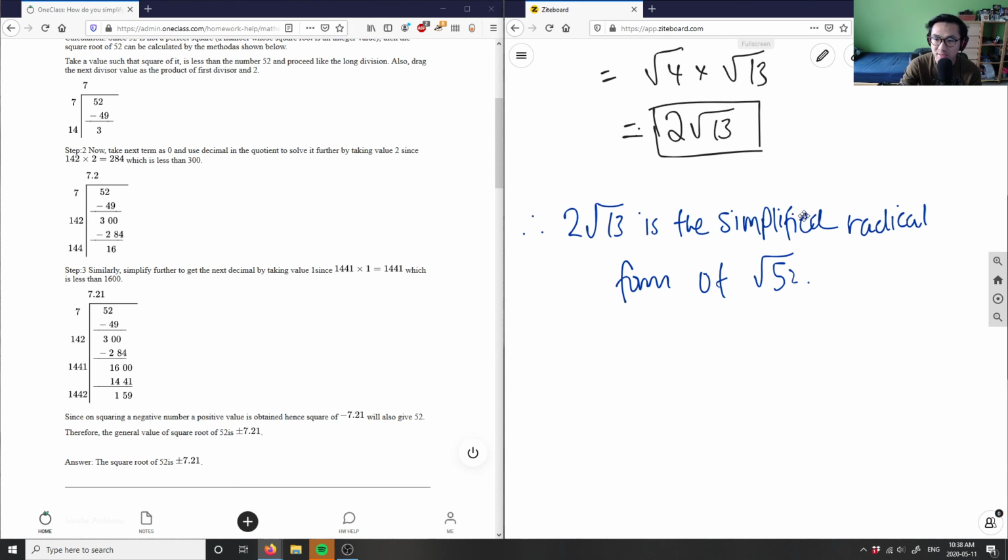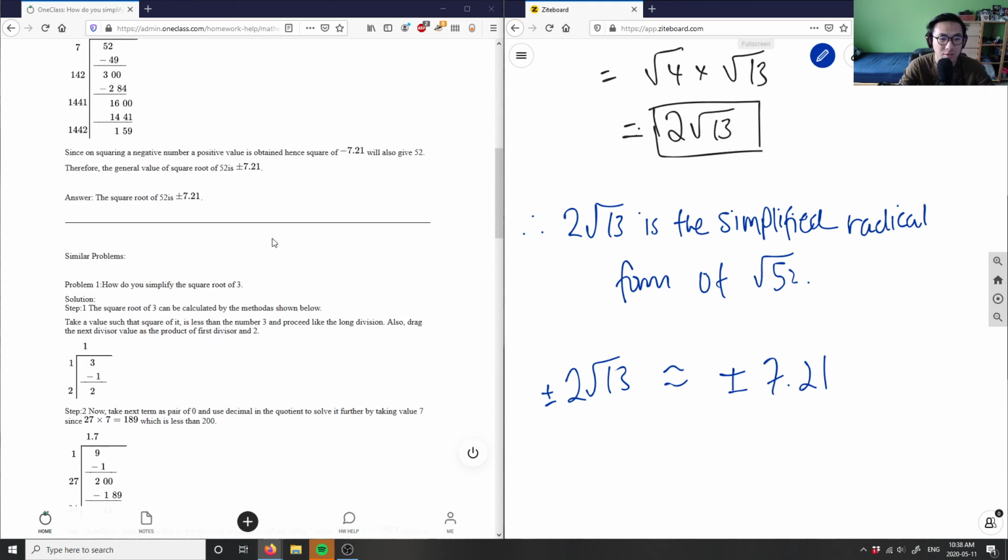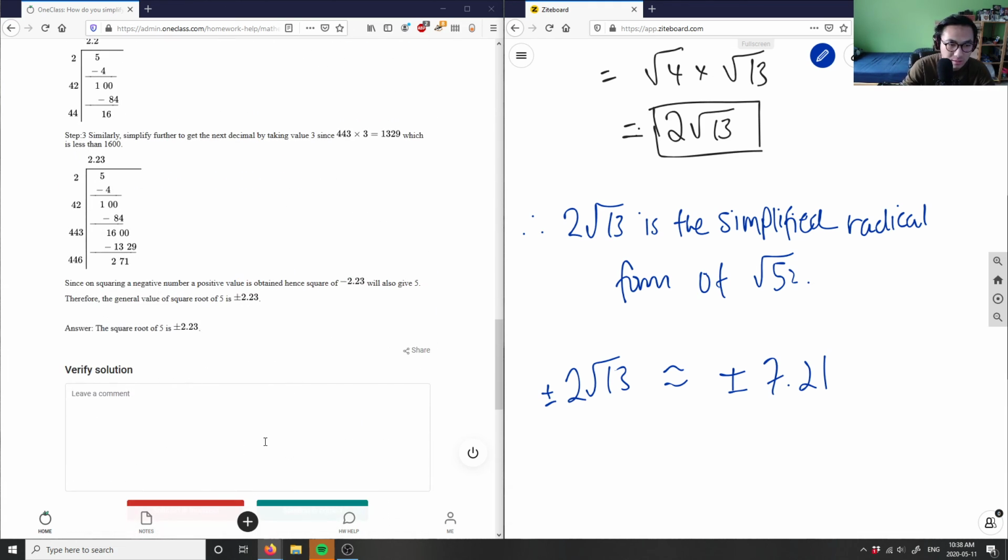So 2 root 13, if you plug this into your calculator, is also equivalent to plus or minus 7.21. So the solution here is correct, and they did the long division well as well. Correct.